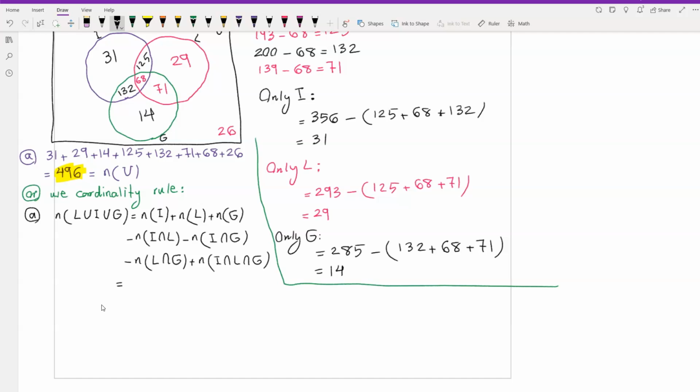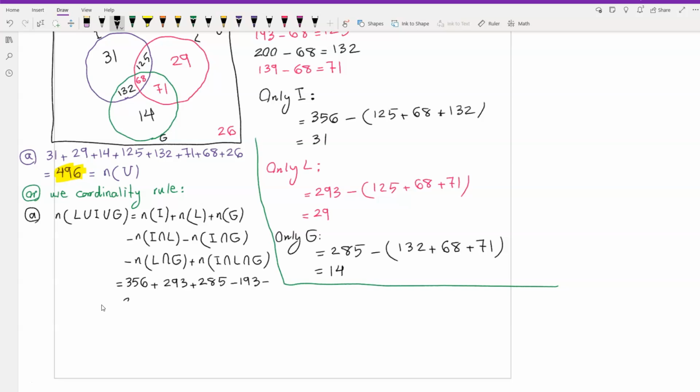So here we have 256 for the number of elements in I. Then for L we have 293. For G we have 285. Now subtracting what we have in common between I and L, I and G, and L and G. So we have to subtract all these.